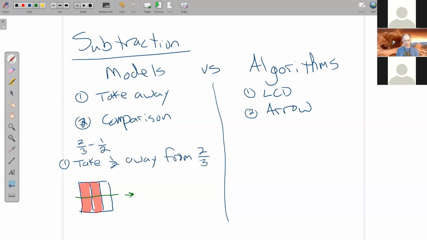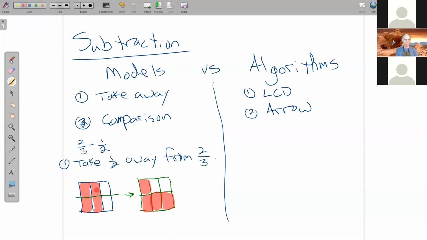So I'm just going to redraw this a little bit to show the takeaway. I'm going to leave that one there. I'm going to leave these two down here. But I'm going to take the piece that was here and put it down here so that I can see the half carefully.